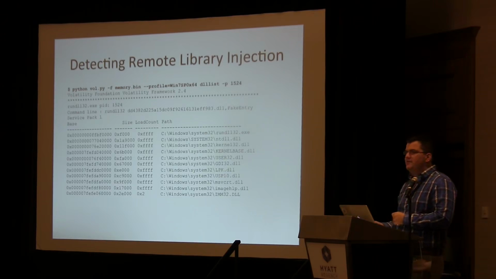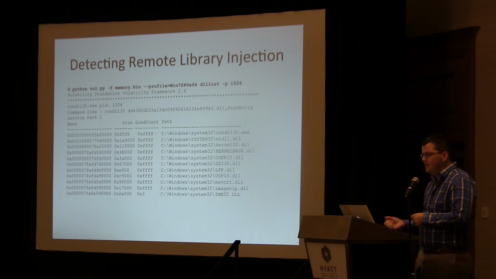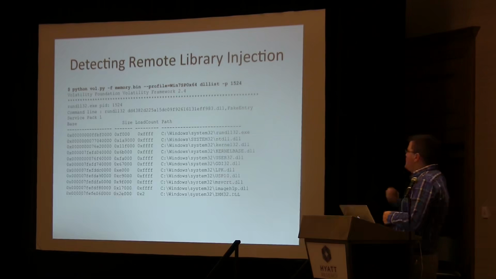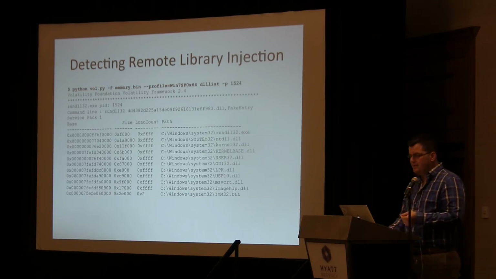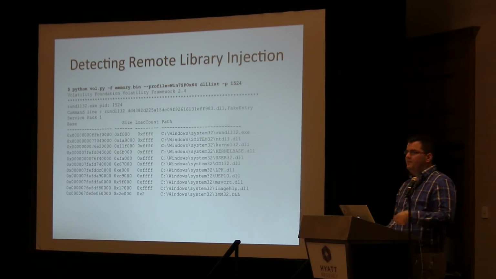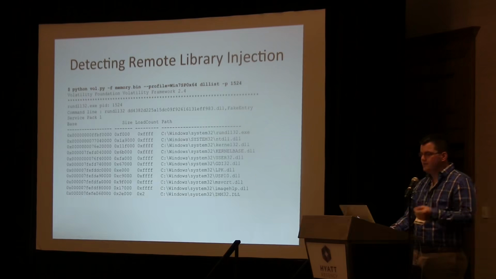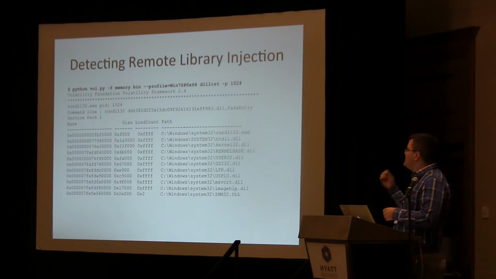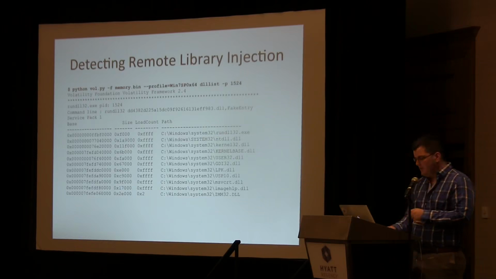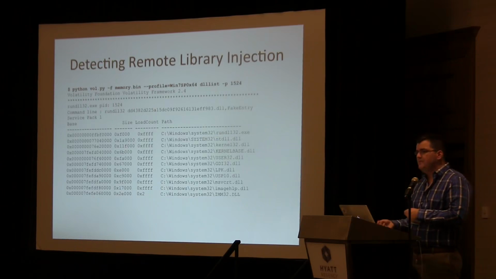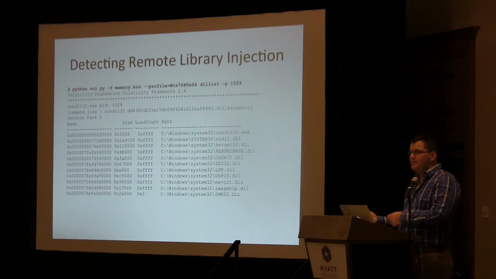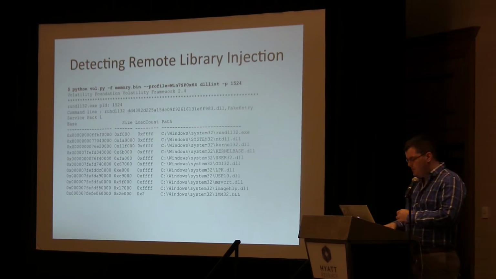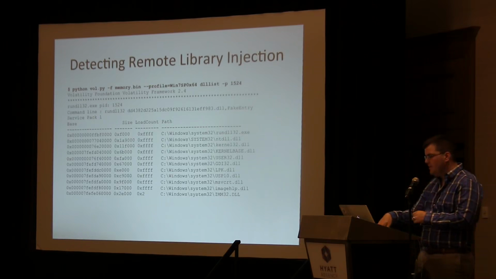Every time you call LoadLibrary, every time an application loads a DLL, it goes through the loader, which keeps track of the DLL and places it in a list. If you've ever used OllyDbg, or used Process Hacker and looked at the loaded modules, it's walking the same list that DLL list walks. Obviously though, malware doesn't want to be found in this list. It wants to inject the DLL, and then it doesn't want you to go back and immediately see it and find its full path. So it's going to try to hide itself.